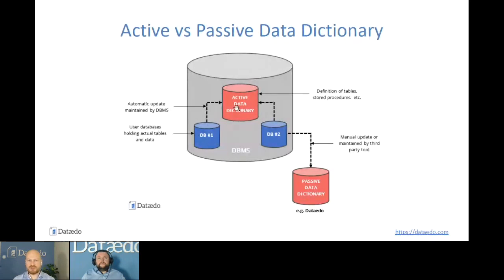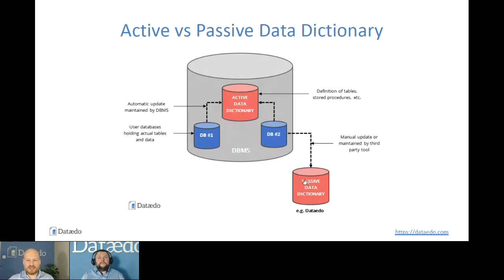In the case of relational databases, it's always accessible. You can always query it. And the distinction from any other data dictionary is that it's always up to date. It's always in sync with the data. You cannot go into the database and add a column so that it's not in the active data dictionary. It's always up to date.